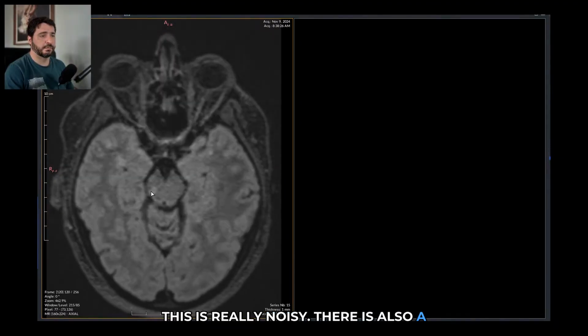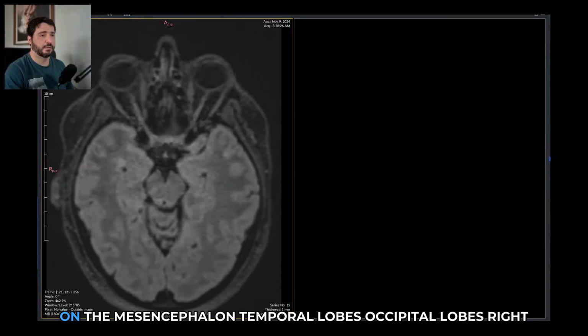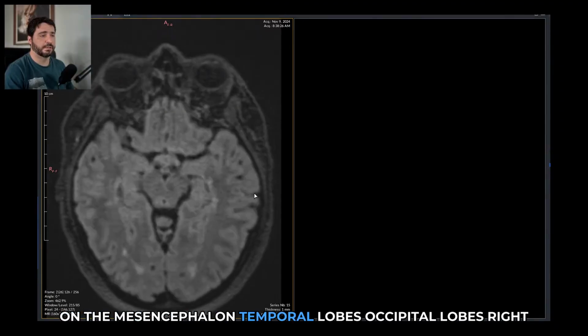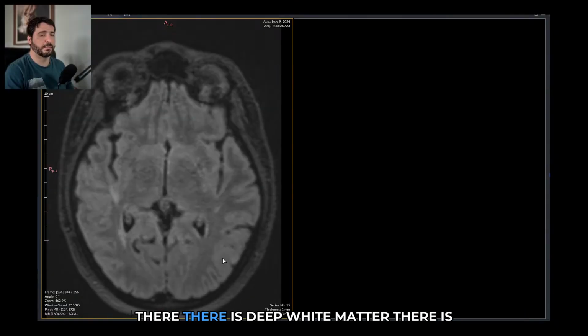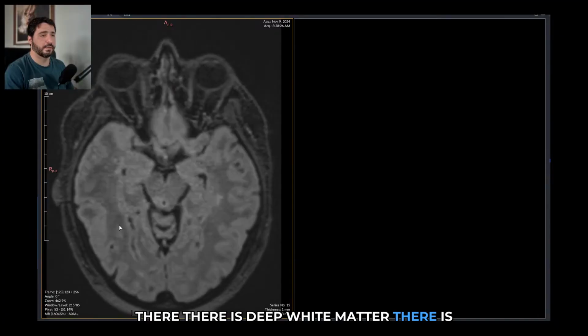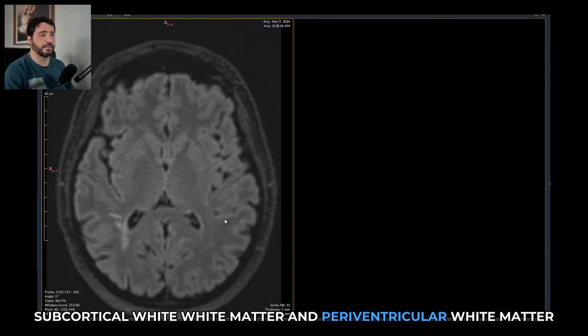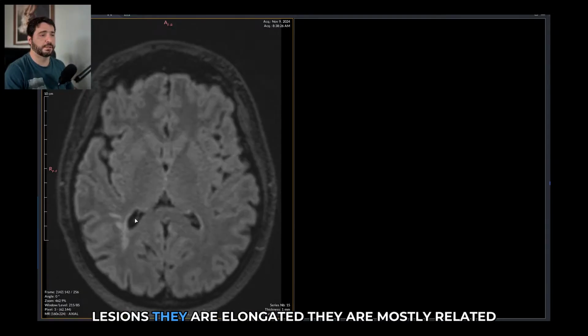There is also a lesion right there on the pons, on the mesencephalon, temporal lobes, occipital lobes right there. There is deep white matter, subcortical white matter and periventricular white matter lesions.